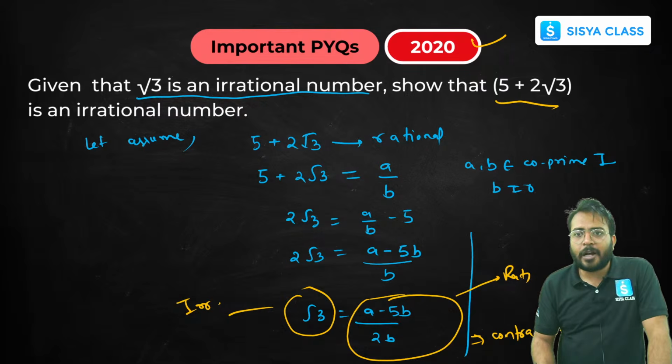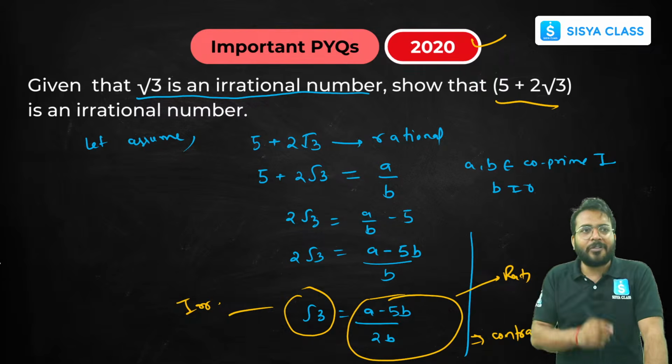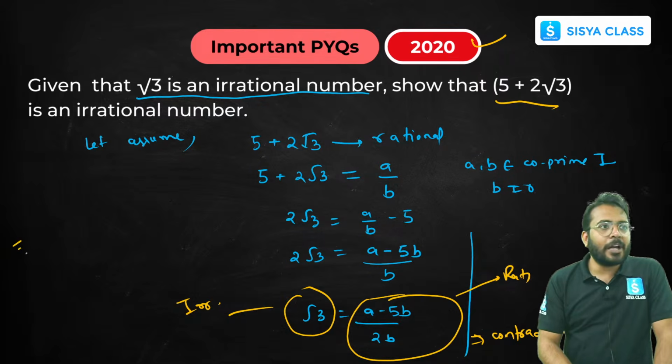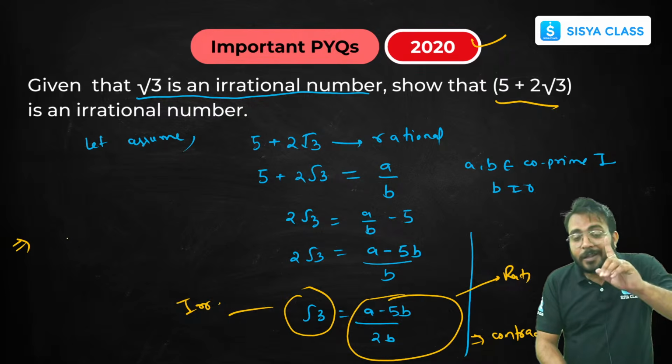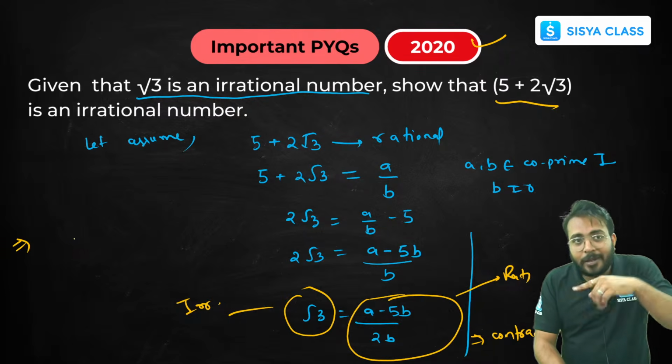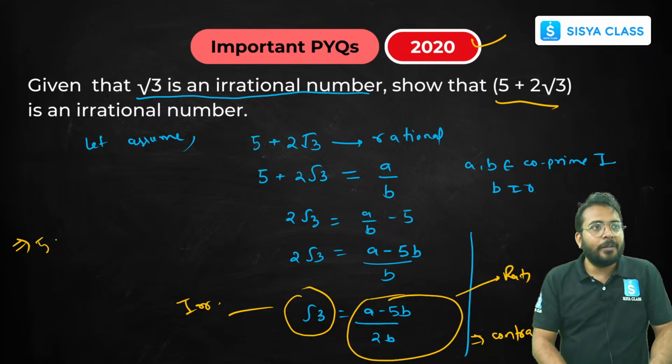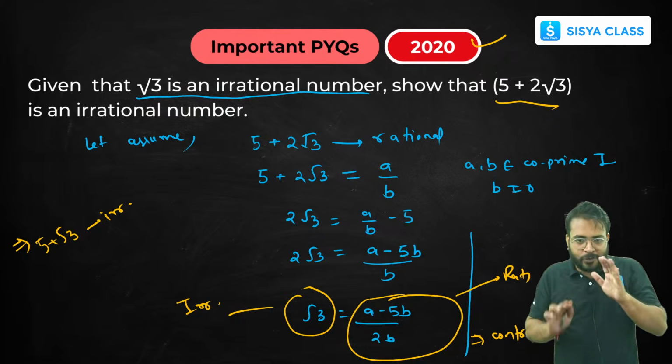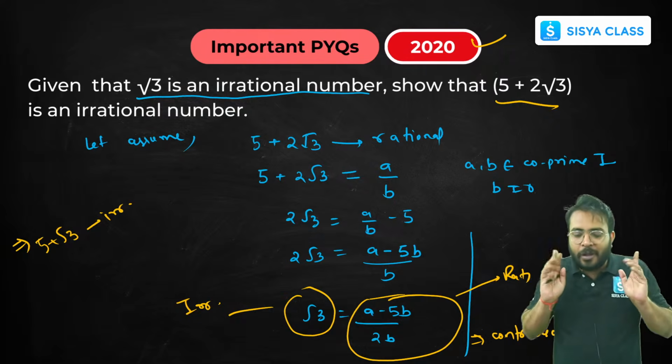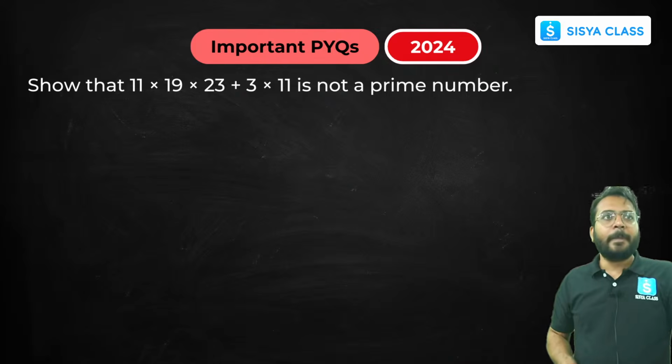Because our assumption is wrong. That's why this is not rational, it is an irrational number. In this way we have to prove this. Understood my point, everyone?